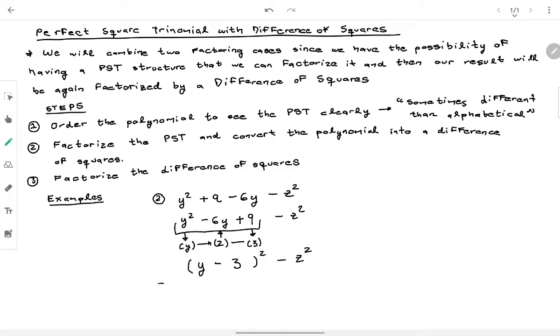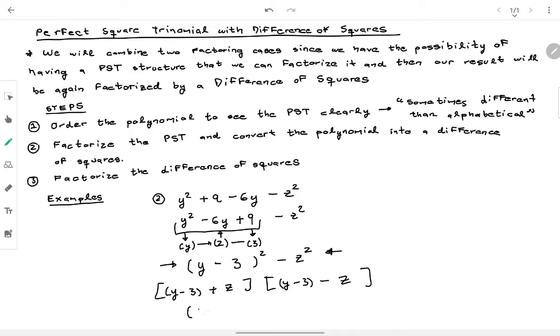Then, of course, I can open up my brackets because I will do it as a difference of squares. We have here a difference of squares, so we can do it like y minus 3 plus, y minus 3 minus, and it's going to be c and c.